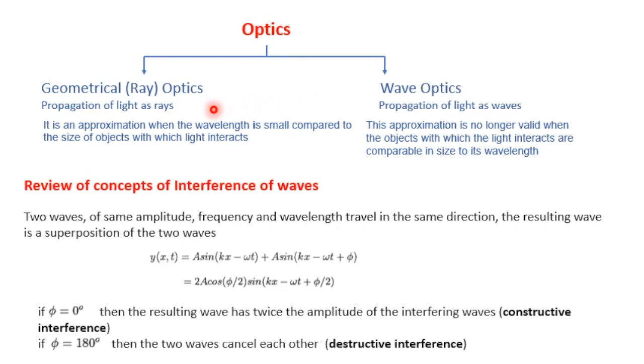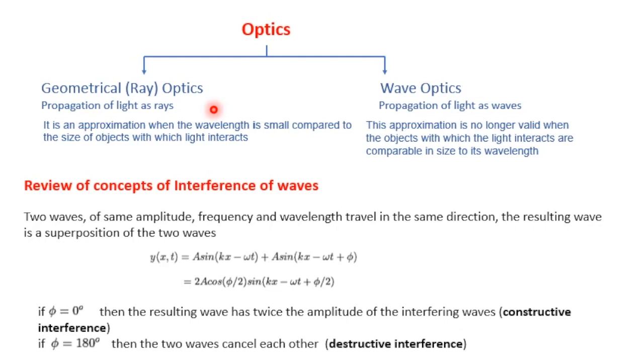Geometrical optics is something that you have familiarity with in your school when you learned about lenses, mirrors, apertures, and so on. In all these discussions, you might have noticed that light has been depicted as a ray directed in a particular direction.